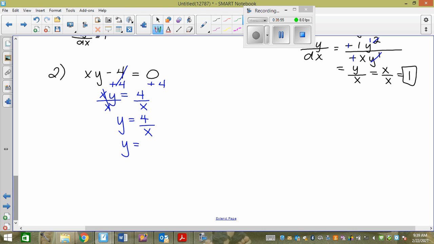So I'm going to go y equals 4, x to the negative 1, and then do power rule. I don't even have to do product because this doesn't have a variable. So y prime equals negative 4, x to the negative 2, and then drop that down. Okay?